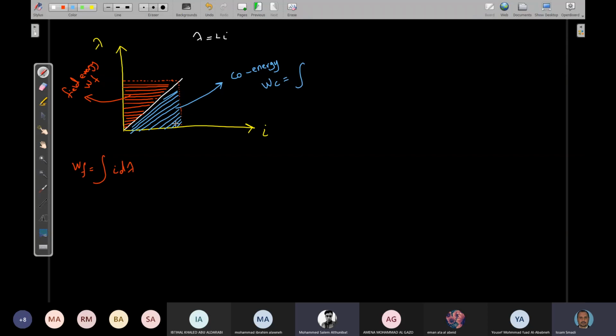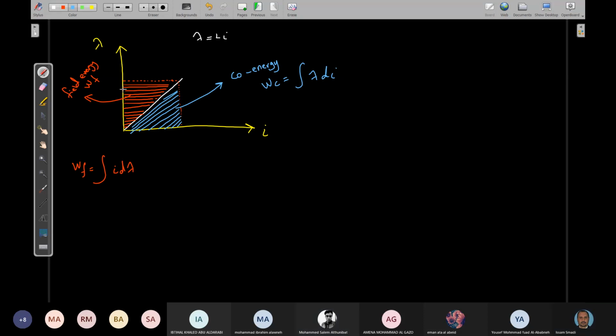Same, omega F. This will equal lambda di. Here the variable is I and the curve represents lambda, correct? Here the opposite. Here the curve is the current and I'm changing lambda. So omega F is the integration of I d lambda and omega C is the integration of lambda di. Got it?